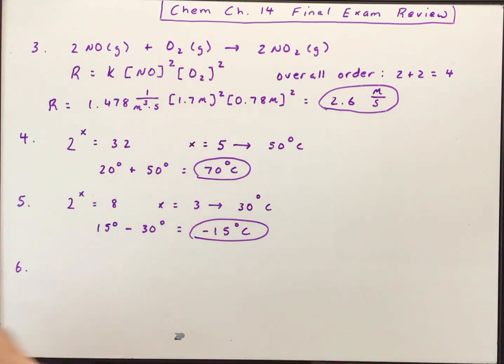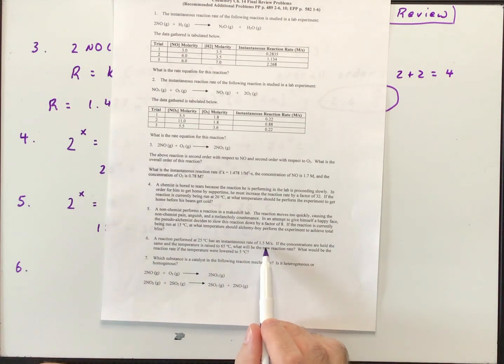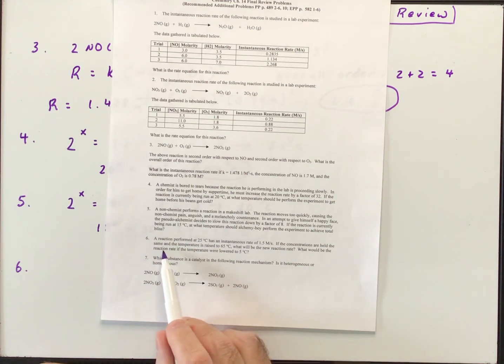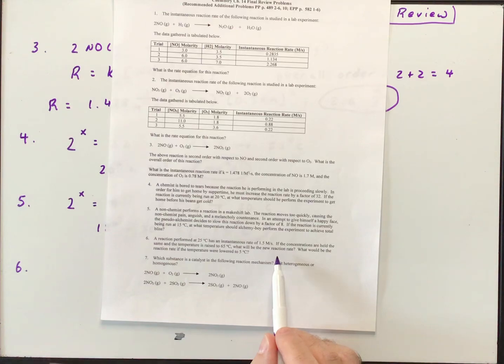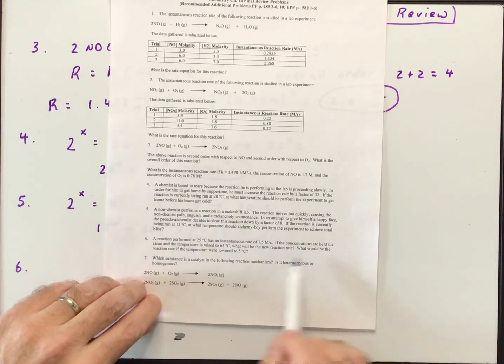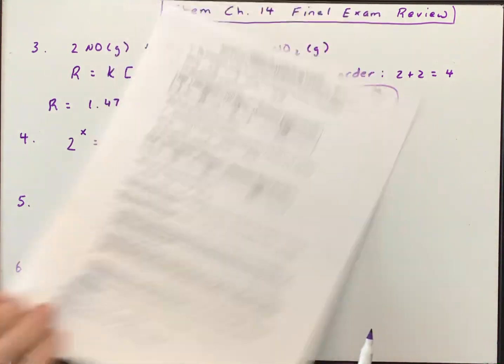All right, number 6. A reaction performed at 25 degrees C has an instantaneous rate of 1.5 molars per second. If the concentrations are held the same and the temperature is raised to 65 degrees C, what will be the new reaction rate? And then it asks a second, what would the reaction rate be if the temperature were lowered to 5 degrees C?